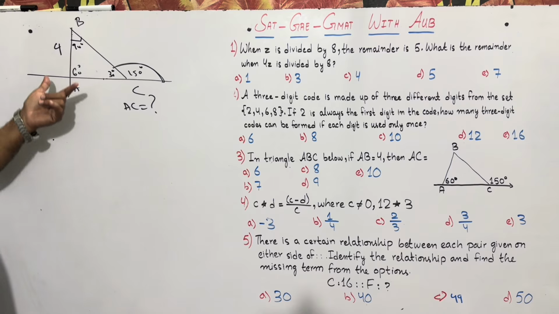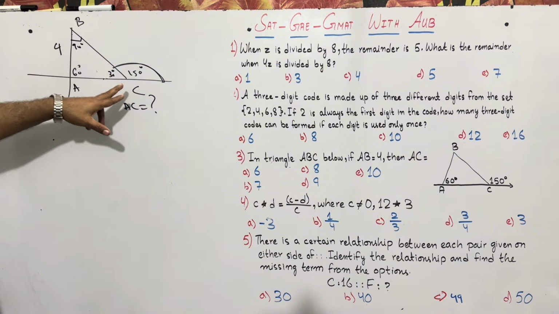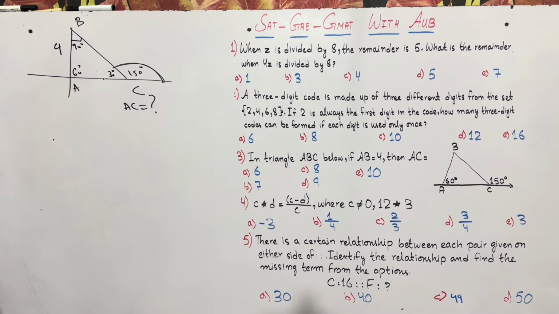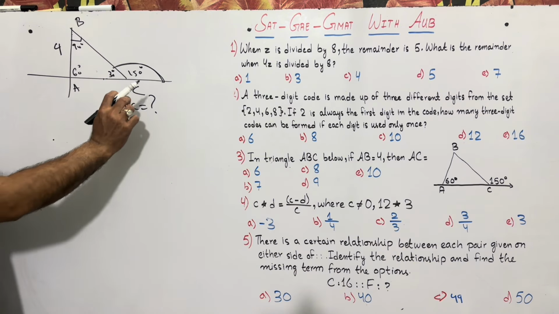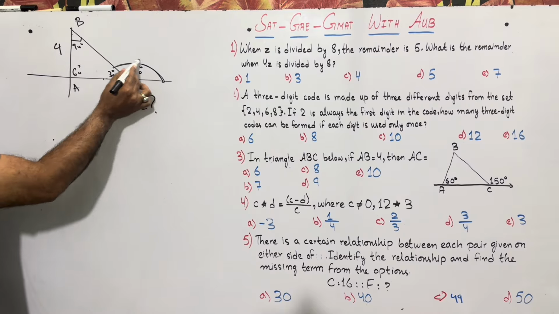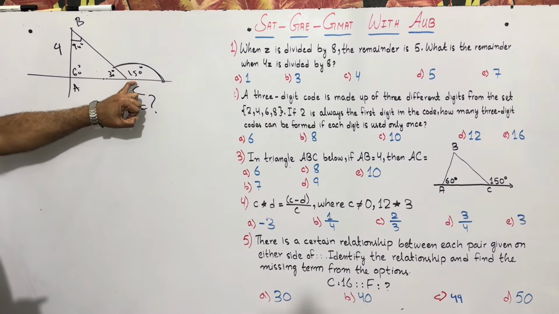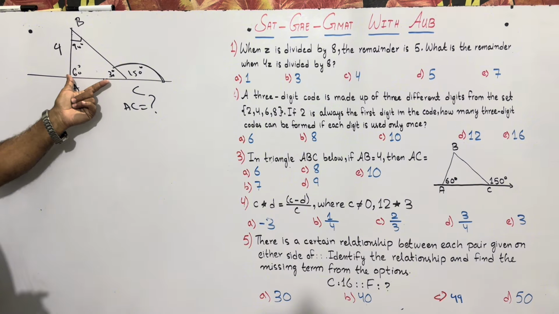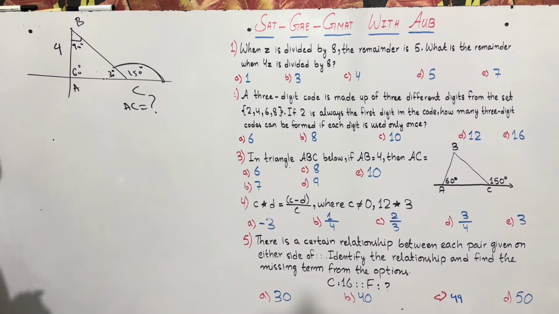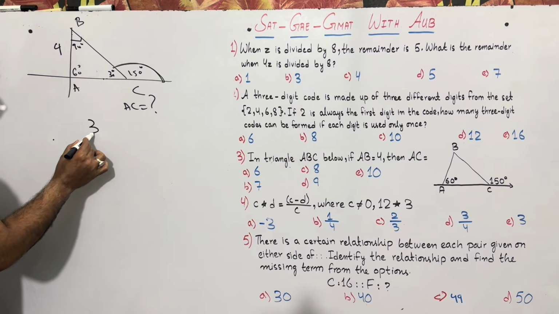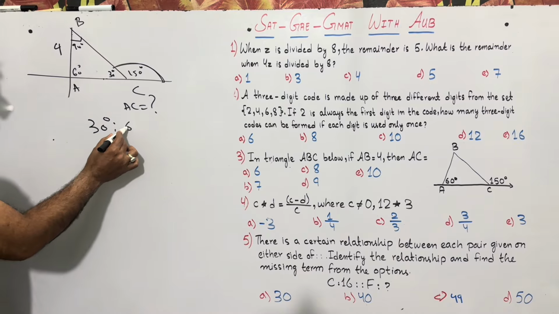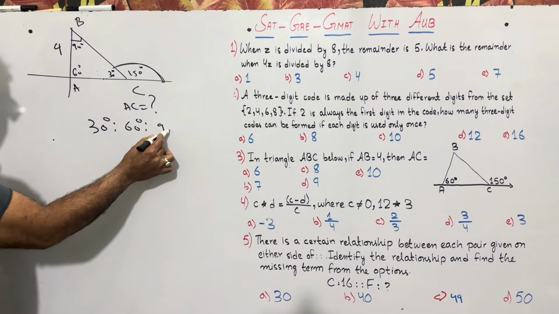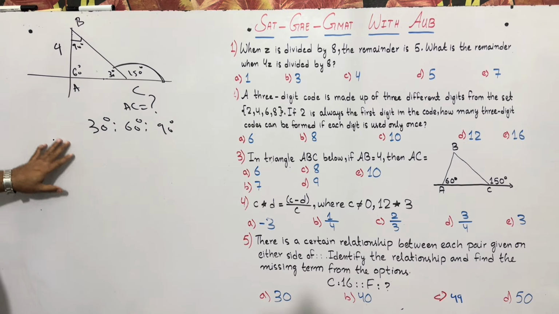It means we have a right angle triangle. Utilizing the fact that a straight line measures 180, 150 is given to us, 150 plus 30 will become 180. Now 60, 30, 90 from the triangle point of view, so we have a right triangle having angles 30, 60 and 90.